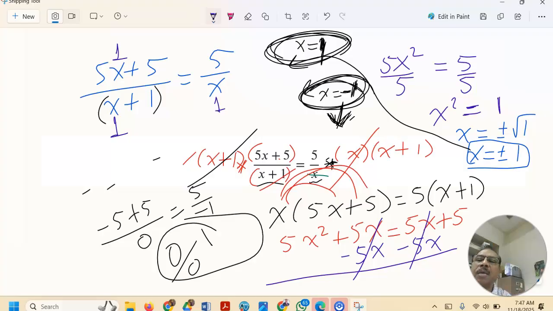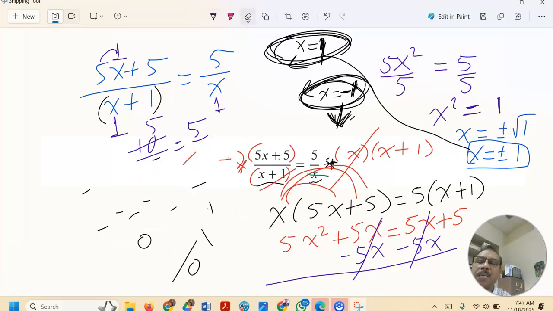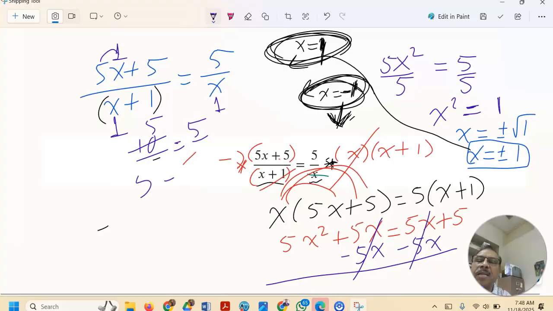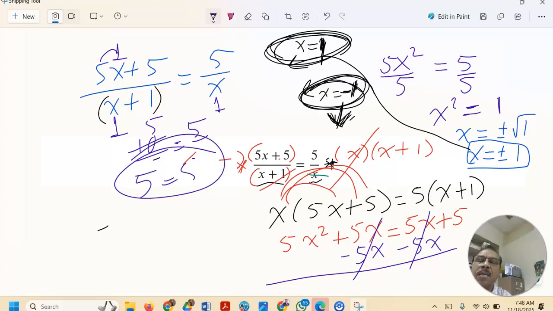The answer becomes 5 times 1 plus 5, which is 5 plus 10... so we get 10 over 2 equals 5 over 1. And 2 divides 10 5 times. So you end up getting 5 equals 5, and that is good. That's correct. So this is the solution.